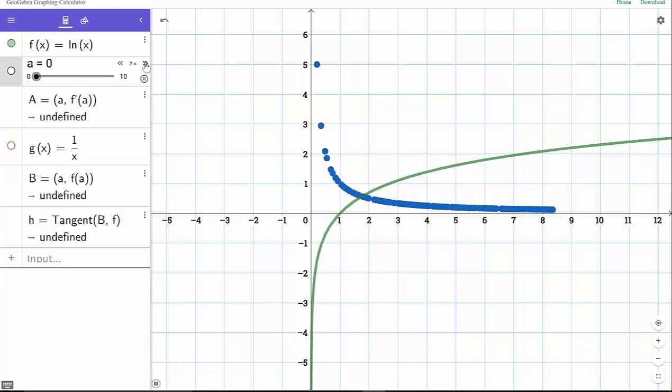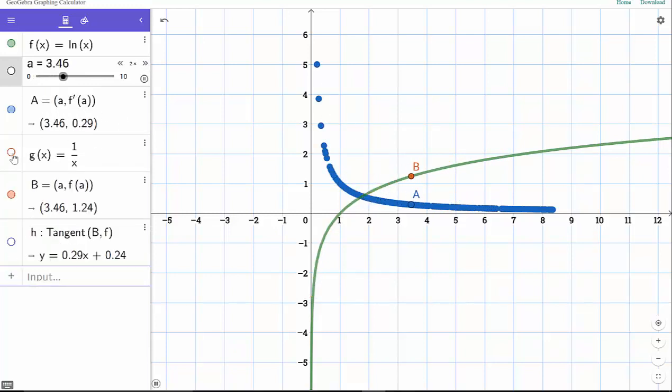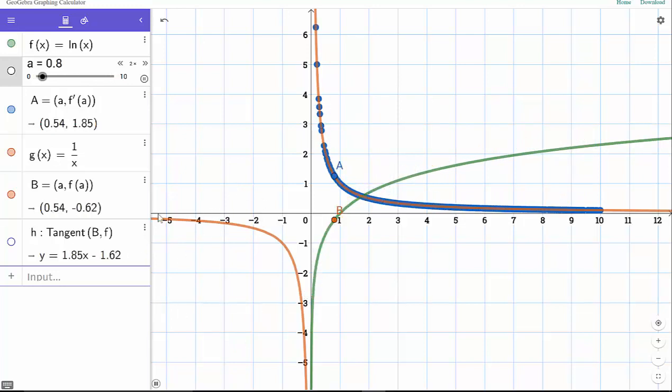Okay, that's right. This kind of resembles 1 over x. So here's the graph of 1 over x. And as you can see, it lines up perfectly, except for this side. It does not exist over here because ln of x does not exist for negative numbers. Let's keep that in mind.